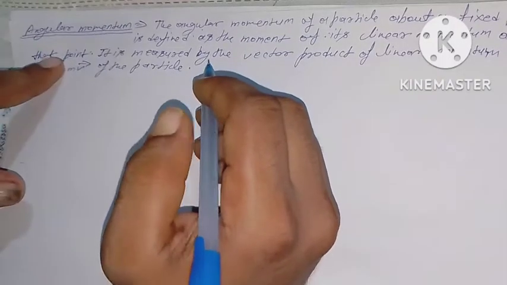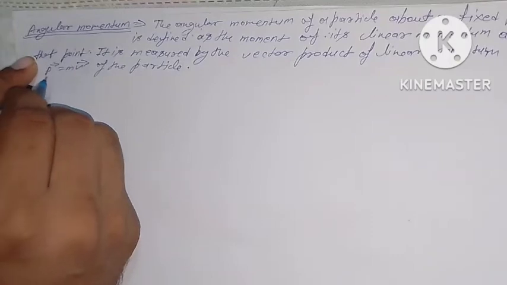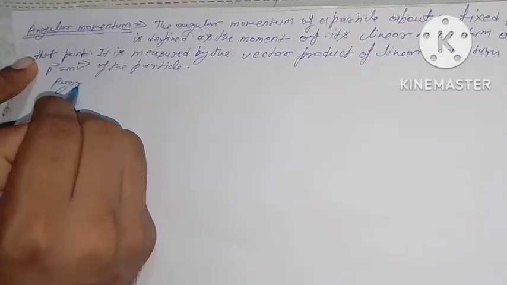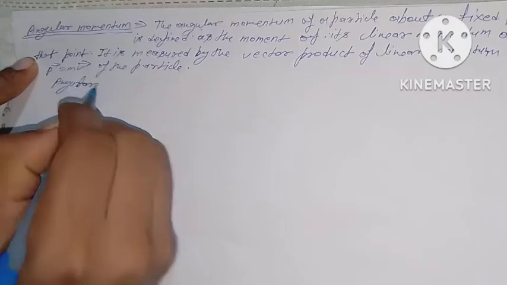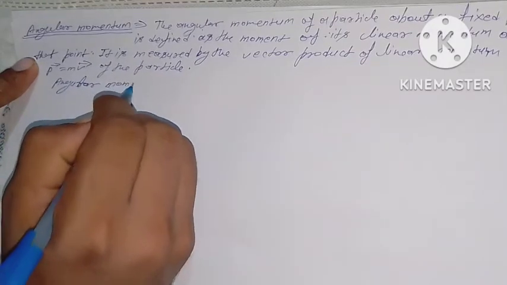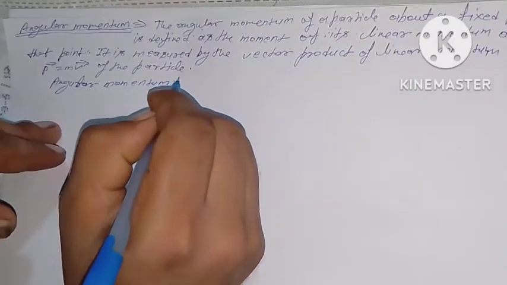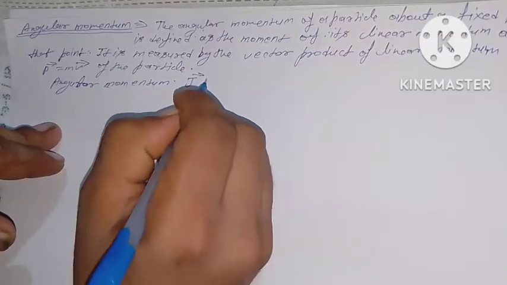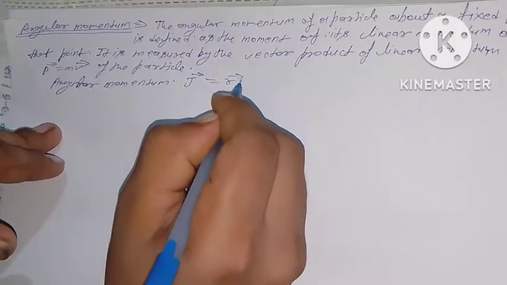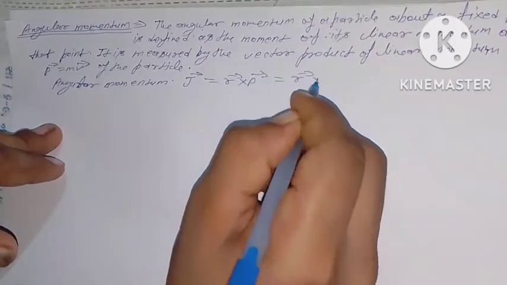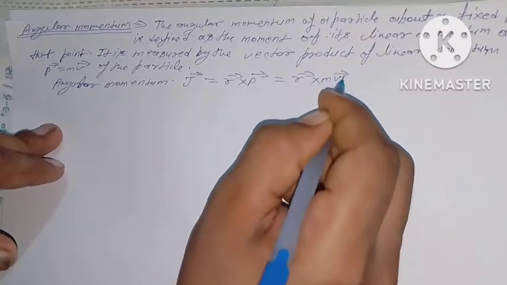And its vector distance. Angular momentum vector J equal to vector r cross vector p equal to vector r cross m vector v, okay?